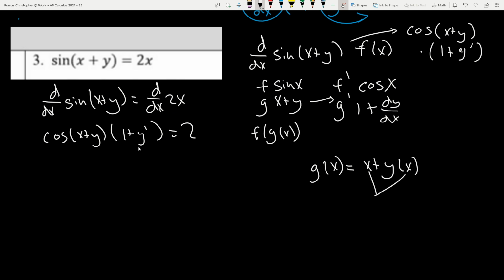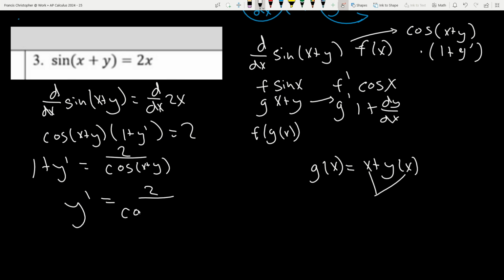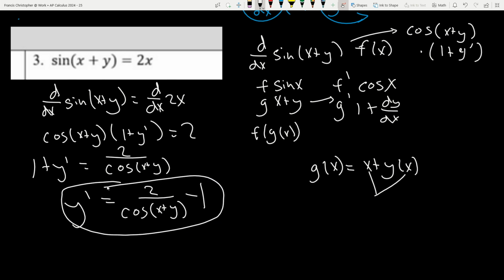I want to solve for y prime, so I'm going to divide everything by cosine of x plus y. So I get 1 plus y prime equals 2 divided by cosine of x plus y, and then subtract 1 from both sides. So y prime equals 2 over cosine of x plus y, minus 1. And that's your answer.